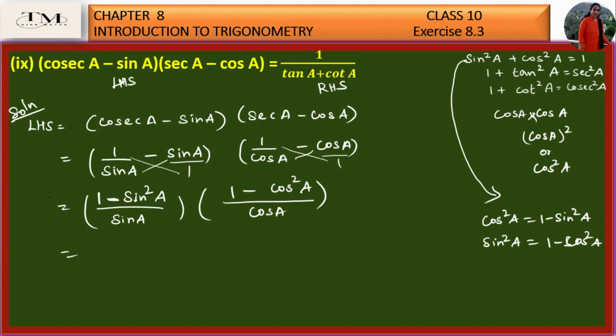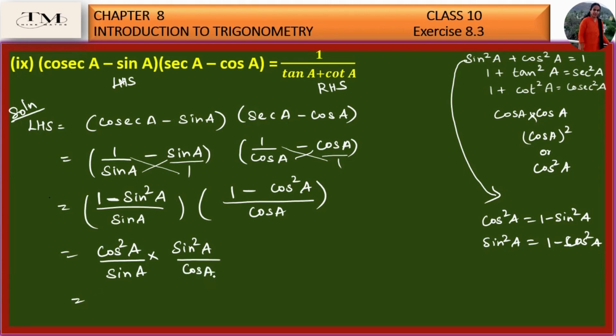So instead of 1 minus sine square, we can write cos square A divided by sine A, into 1 minus cos square, which can be written as sine square A divided by cos A. So what happens?